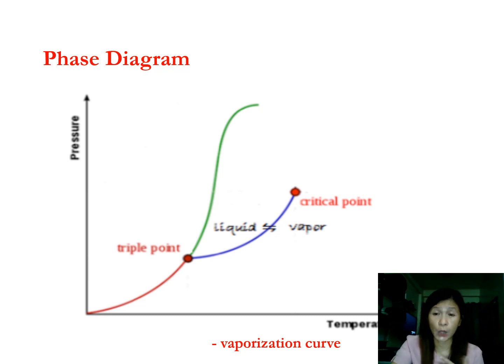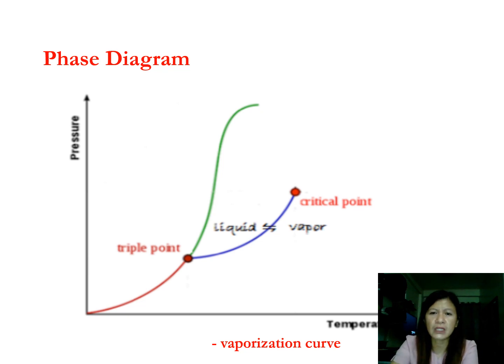What do I mean with equilibrium? Magsing bilis po yung proseso, yung bilis ng evaporation and condensation. So that's what we mean by equilibrium. Both evaporation and condensation, or in the previous slide, freezing and melting exist at same rates.